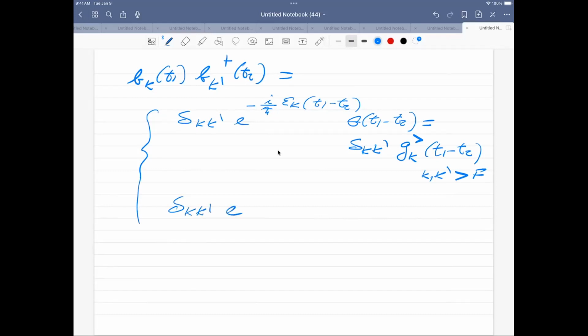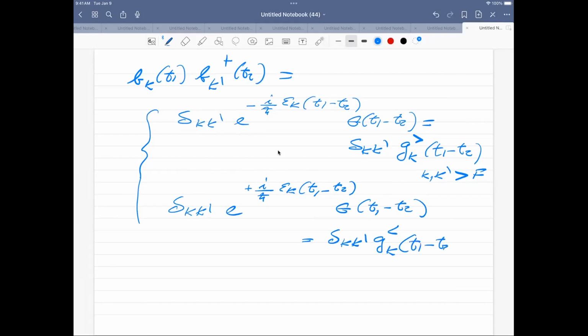It's actually not so difficult to see these relations here, plus i/ħ ε_k (t1 - t2), and then I have a theta of t1 minus t2. And that is equal to this delta_kk', and then I have a G< of k, and it's common to indicate it with a less than sign, (t1, t2). And this is now given in case k and k' are less than k_F.